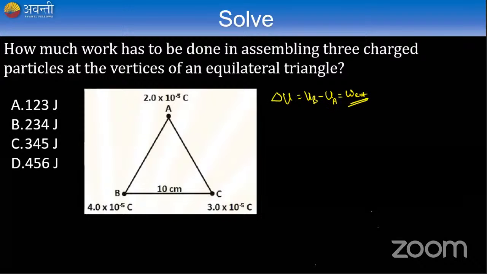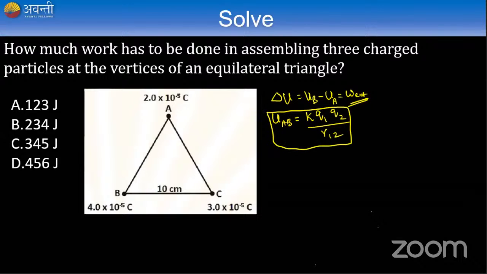Or, how to find the potential energy between two charges? Say if UAB is the potential energy between two charges, UAB will be equal to K times Q1 Q2 divided by R12. So this is the formula.